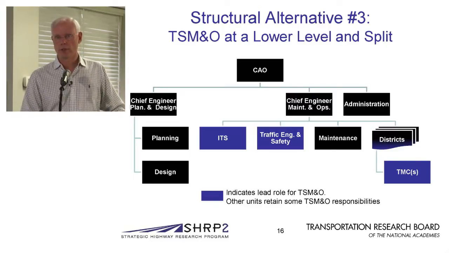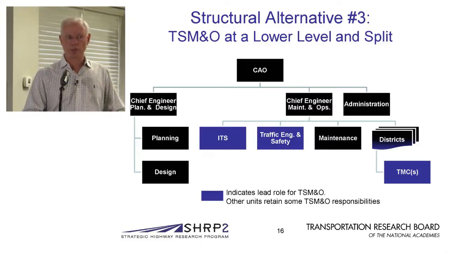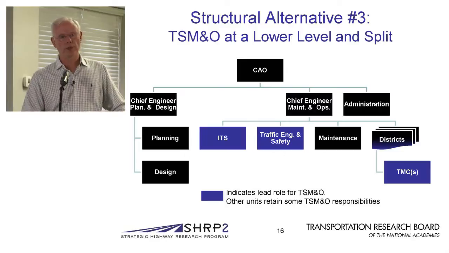You'll see some kind of a headquarters function dealing with the ITS, the traffic engineering and safety, the TSM&O elements, if you will, more from a policy standpoint and to ensure consistency of practice and those kinds of things. This is good and bad. Having the TMCs local has some obvious advantages in terms of managing the situation locally, but can lead to divergence in practice throughout the state.